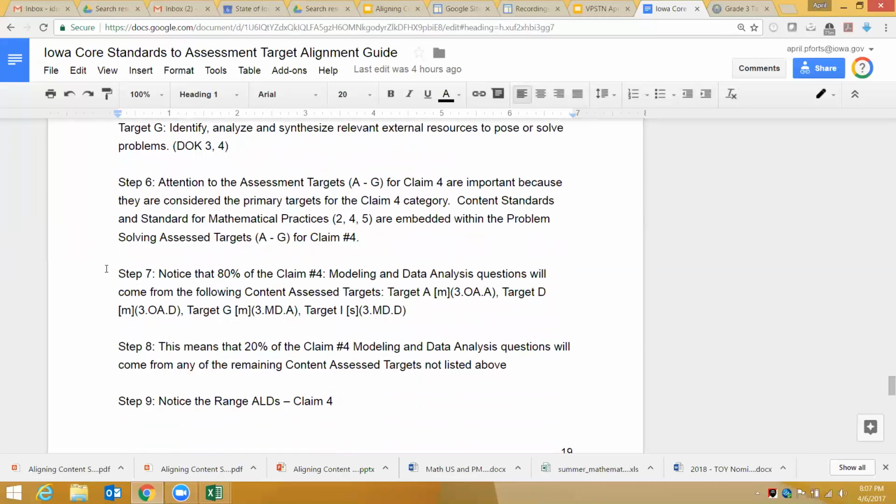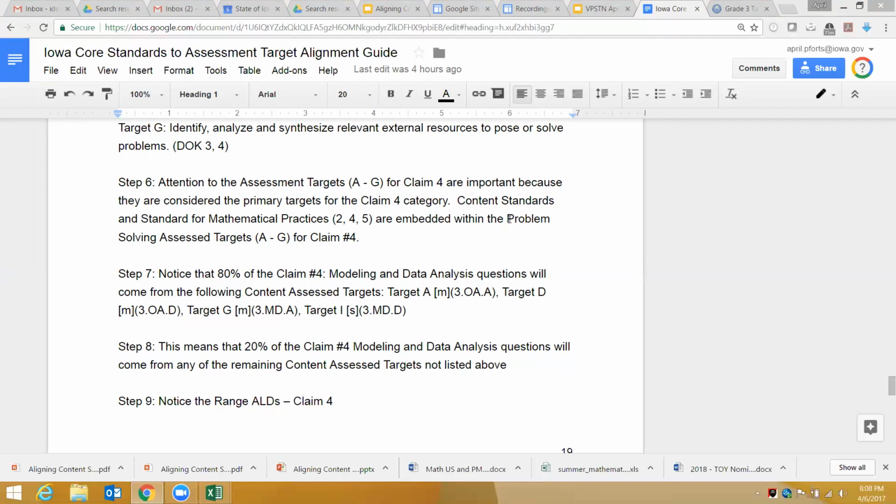So step 6, attention to the assessment targets A through G, is important because they are considered the primary targets for this claim category. Content standards and Standards for Mathematical Practices 2, 4, and 5 are embedded within the targets A through G for Claim 4.